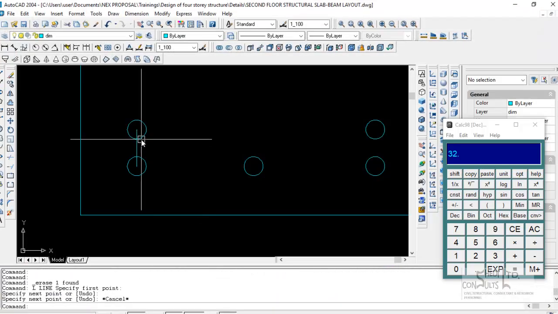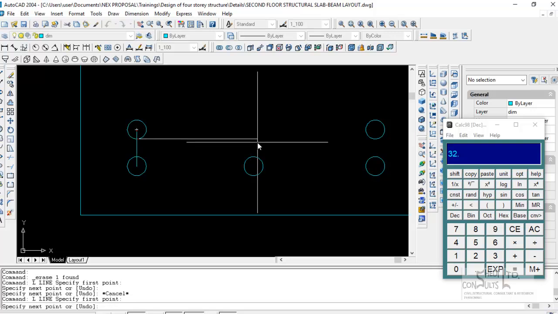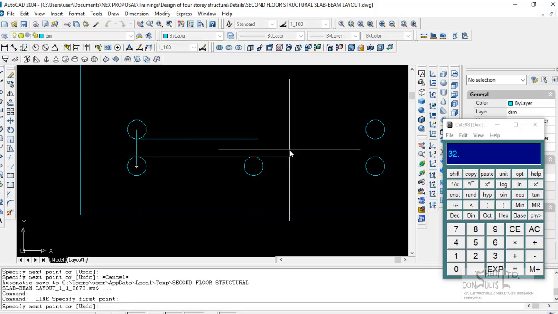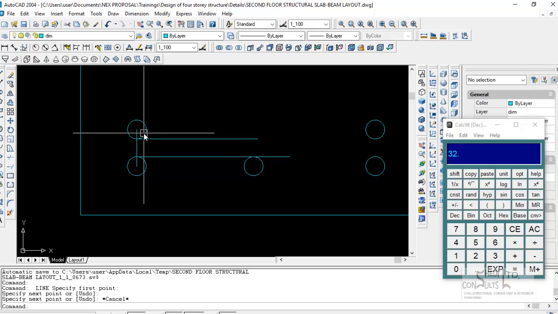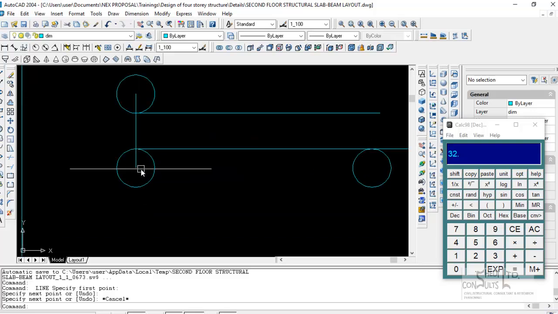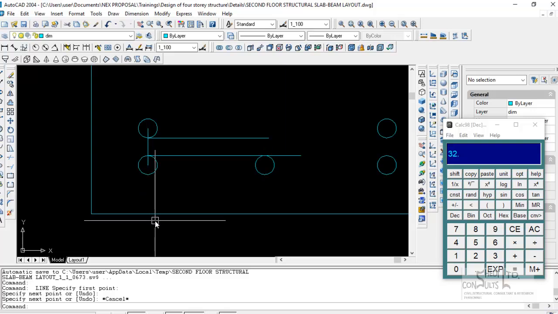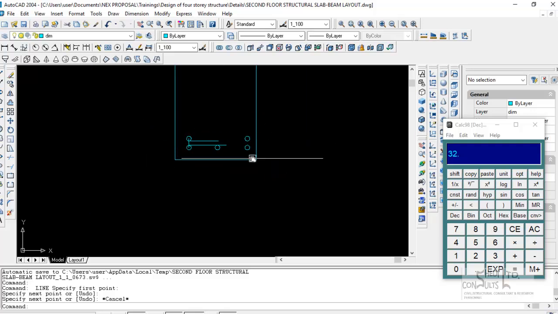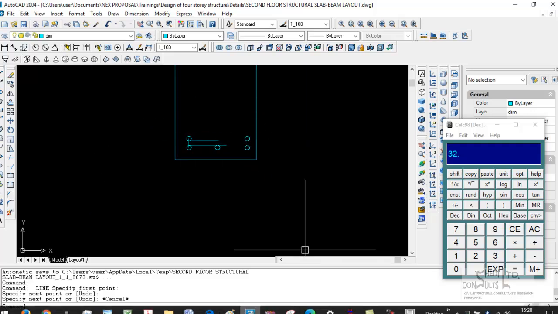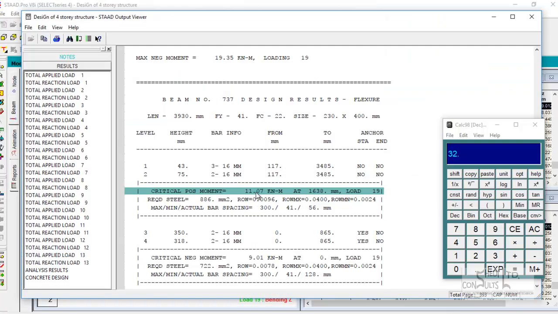So the spacing between the two is the spacing of a spacer bar, which is the same as the size of the reinforcement. So once you have this first distance as 43, it then positions the spacer bar and then the location of the next bar. So it tells you need 5 T16.